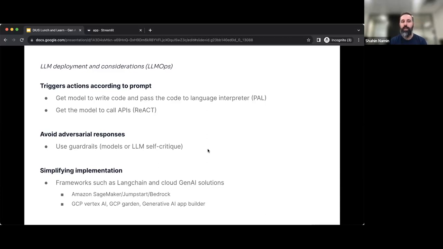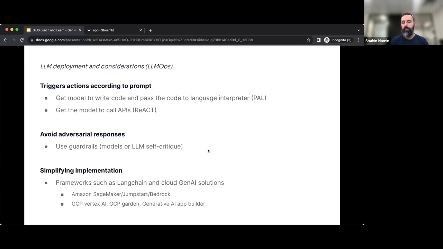The idea is that you get your model to write some code according to what was passed to it, and then you pair the model with a language interpreter. Once the large language model comes up with the code, you can pass that to your code interpreter and get it to do some specific tasks for you.